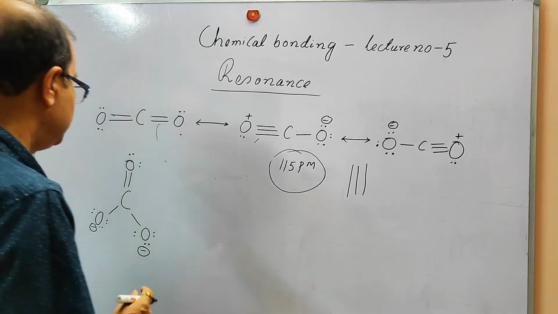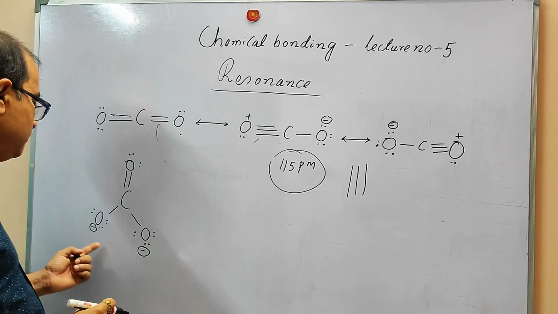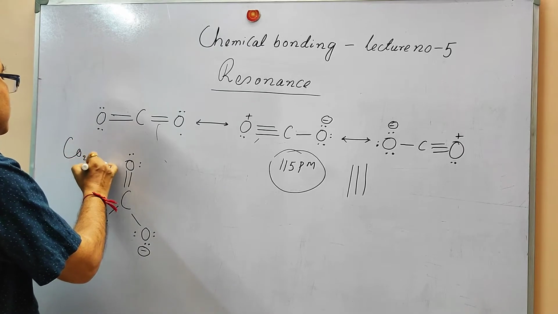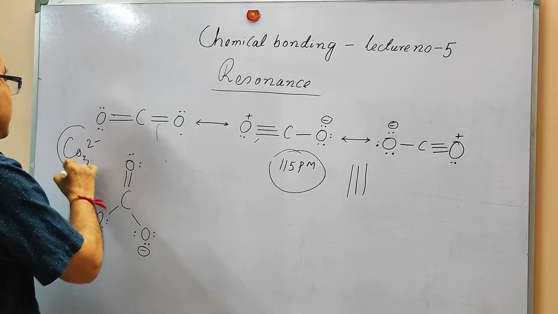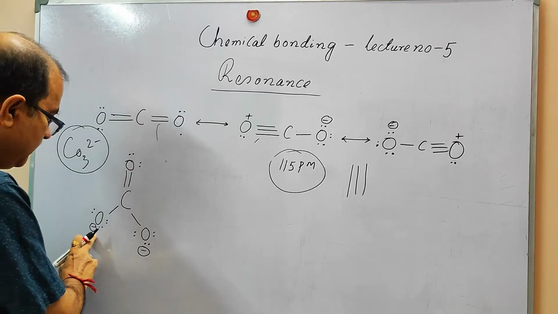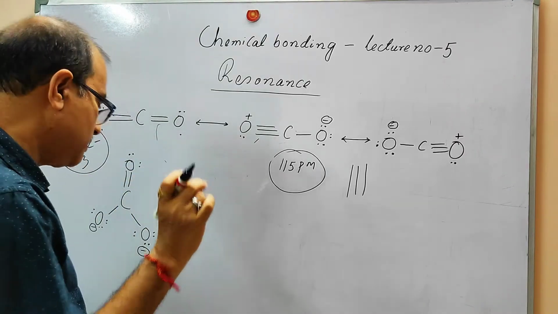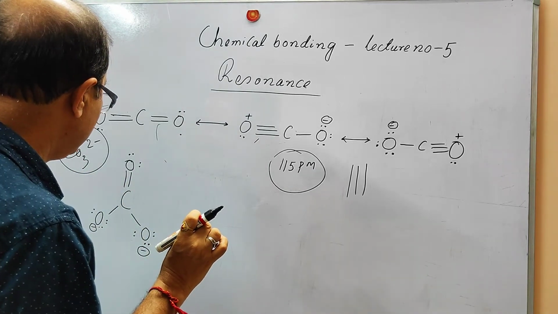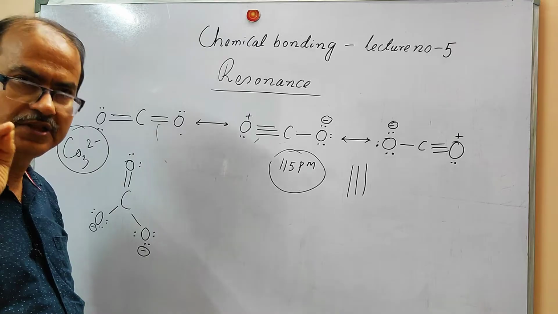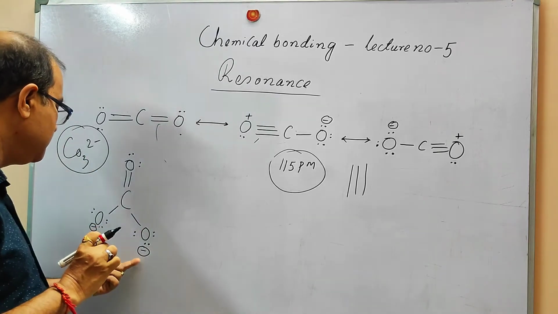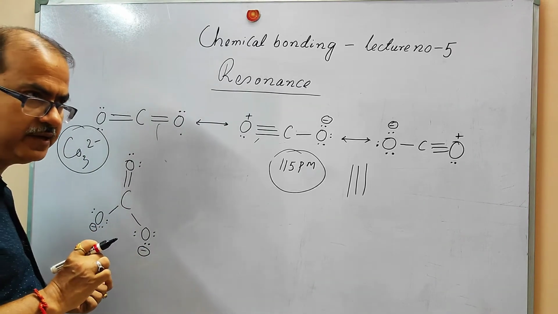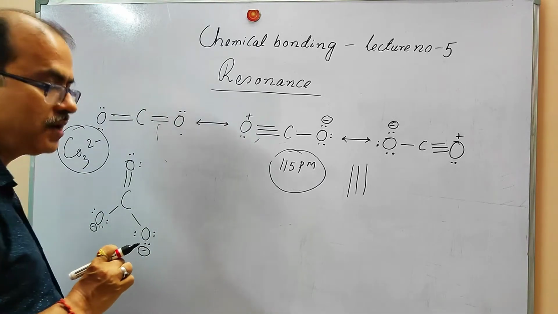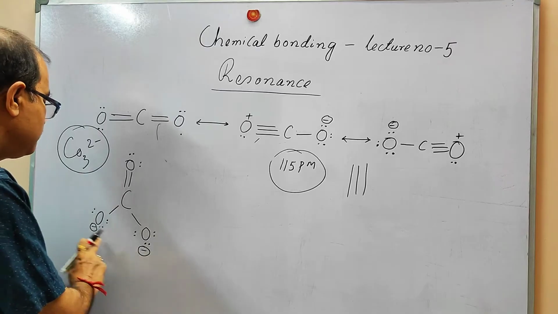We are starting with this Lewis structure. Here you can see this is the carbonate ion, which we know is a negatively charged ion. We also discussed in our previous lectures, in lecture number 3, how the formal charge can be assessed for particular atoms in molecules or ions, and in this case you can see this is a formal charge.